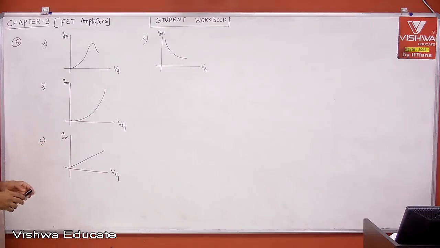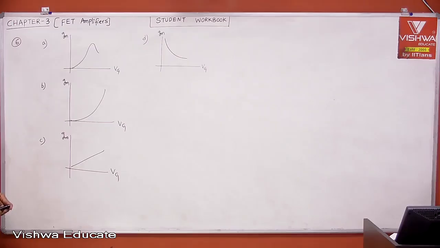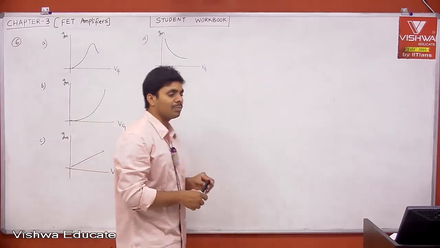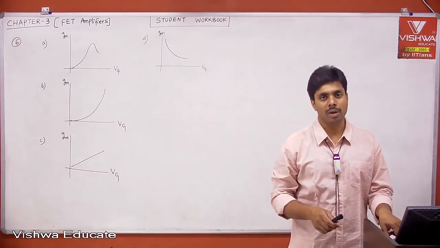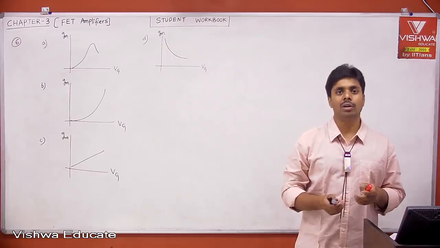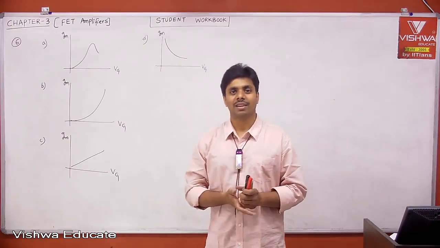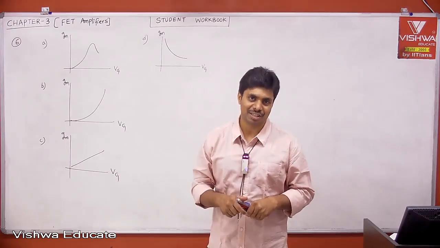Asking what is GM with respect to VGS. Remember, whatever GM plots I gave, like voltage bias, current bias, technology bias, they are valid only when the transistor is in saturation. But here he is saying the transistor is in linear region.